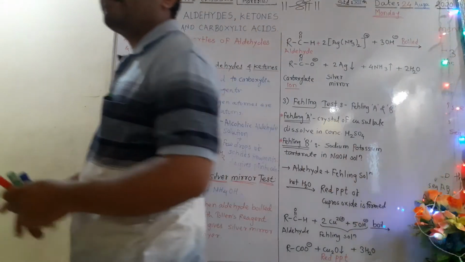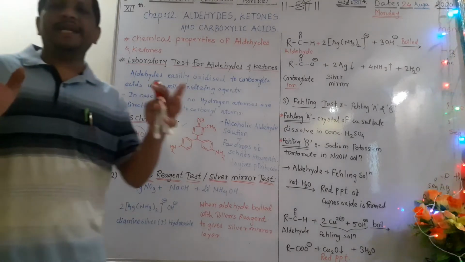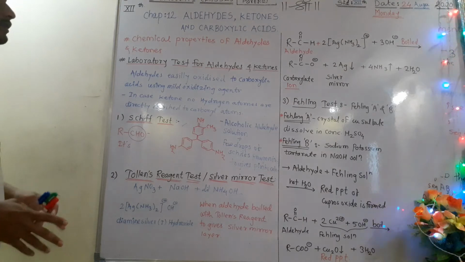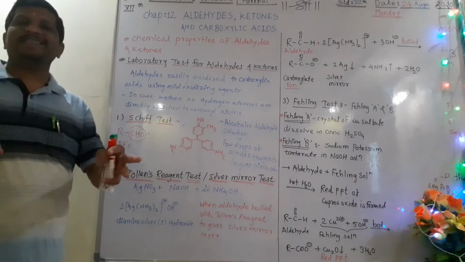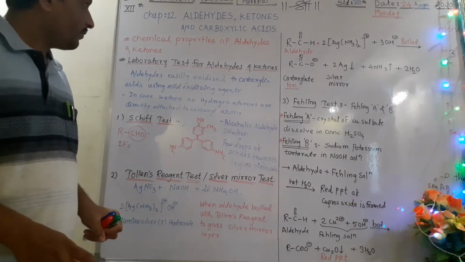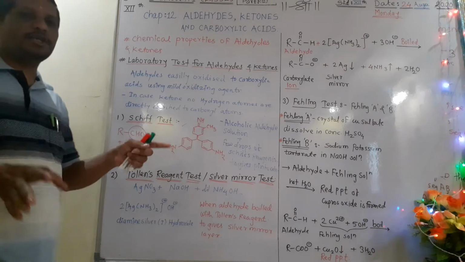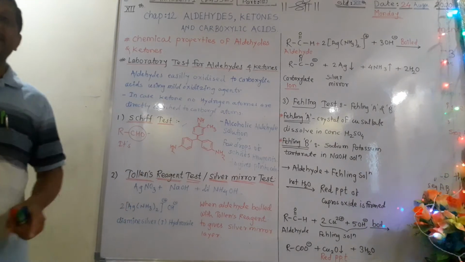Now in this way, these two tests are performed to identify aldehydic compounds. First is the Schiff's reagent test. Second is the Tollens reagent test. Schiff's reagent reacts with aldehydic solution.